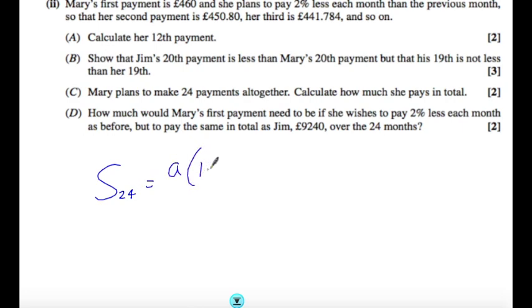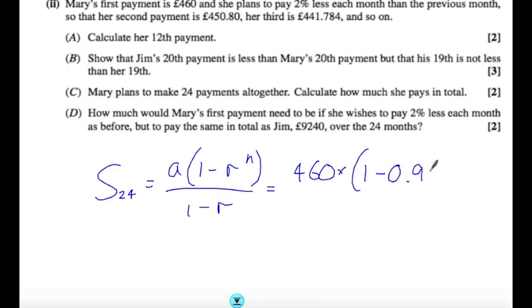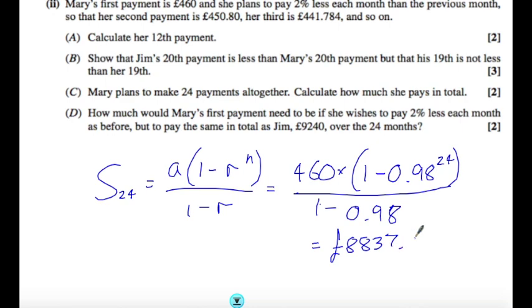So we've got to do A times 1 minus R to the n, all over 1 minus R. So we'll have 460 times by 1 minus 0.98 to the 24, all over 1 minus 0.98. Which gives us £8,837 and 5 pence.